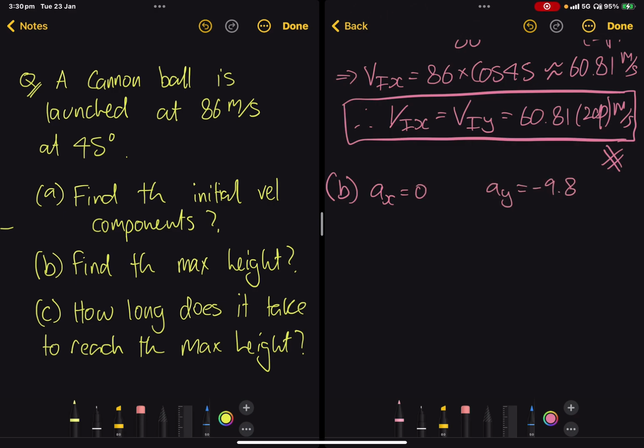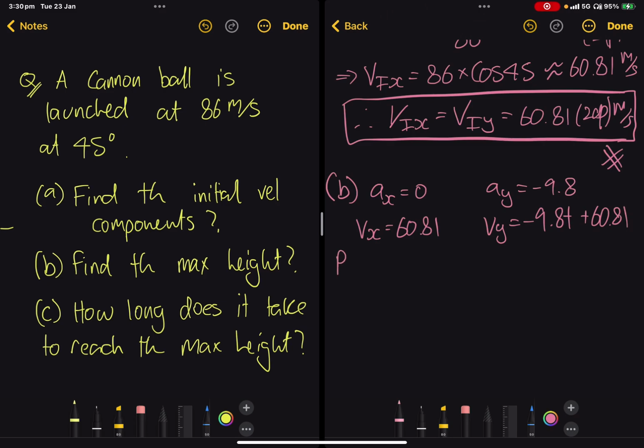This is just gravity. Our velocity in x is just our initial velocity in x, which is 60.81. Our velocity in y is minus 9.8, which is gravity, times time, plus our initial velocity in y, 60.81.